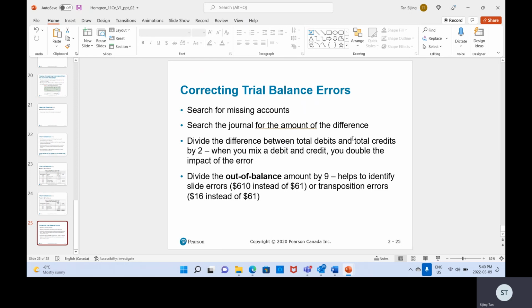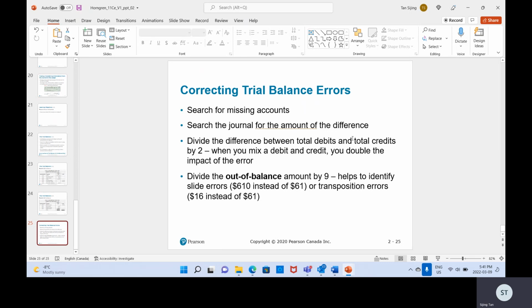A transposition error is always evenly divisible by 9. You take your wrong number, 6,507 minus the correct number 567, which equals 90, and then you divide by 9. So it always helps to identify the transposition error.